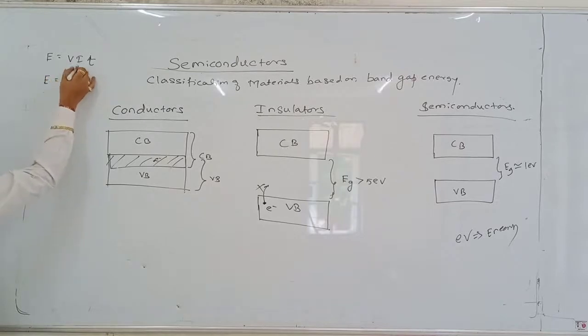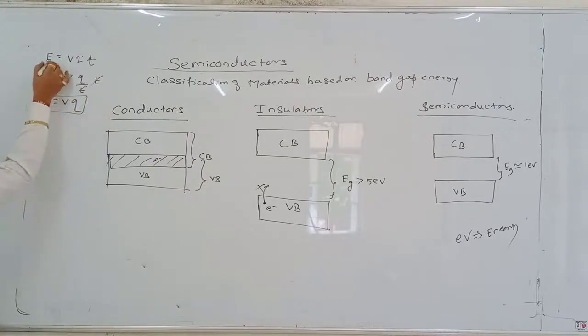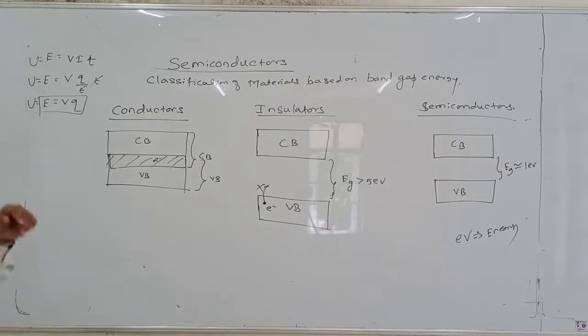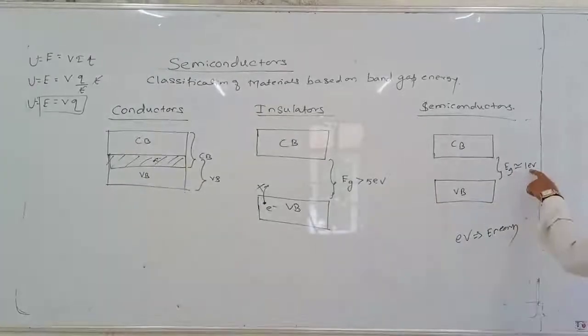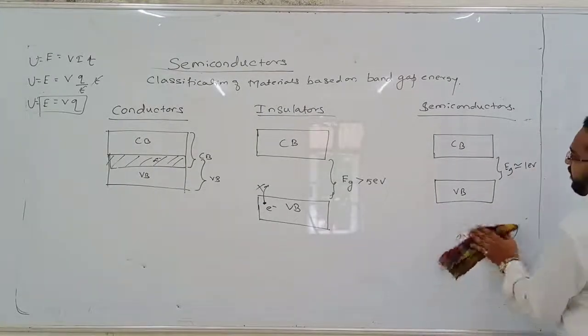Energy is VIT. I can be written as charge upon time, into time. Time will get cancelled, so it will be V into Q. Charge into voltage is the energy, not electric field. So energy is electron volt, because electron for charge and volt for potential difference.